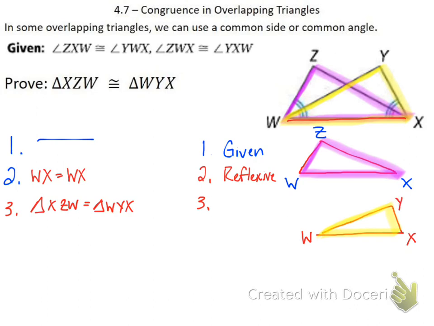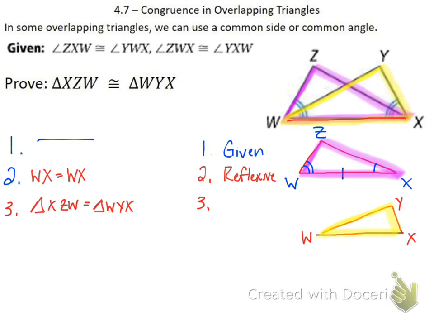By marking on one of the pictures what's equal, I can see how they're congruent. I'm going to mark it on my purple triangle. I know that angle ZXW is equal, and I know that angle ZWX is equal, and then I've got WX equal to WX, so that side.